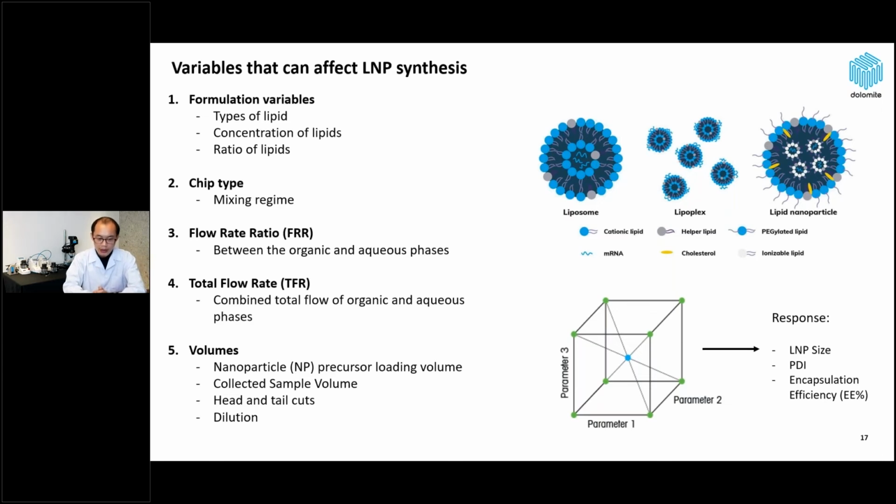The third is the flow rate ratio, which is the ratio between the organic and aqueous phase. Next is the total flow rate, that is the combined total flow of the organic and aqueous phase. And finally is the volume, including the nanoparticle precursor loading volume.